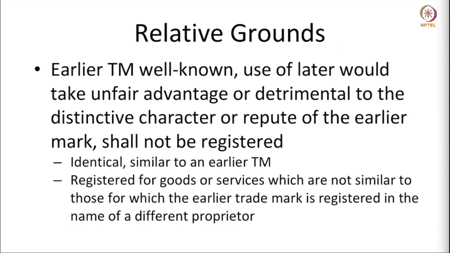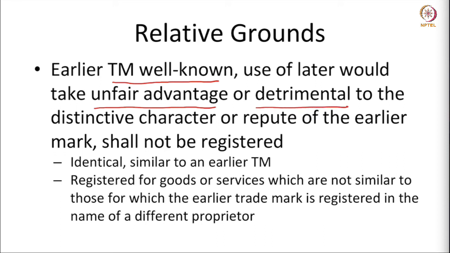Another ground for rejecting a trademark is where the earlier trademark is well known. Use of the latter would take unfair advantage or would be detrimental to the distinctive character or reputation of the earlier trademark. So when you have a well-known trademark, the use of a latter trademark would be seen as taking an unfair advantage, or it would be detrimental to the earlier trademark.